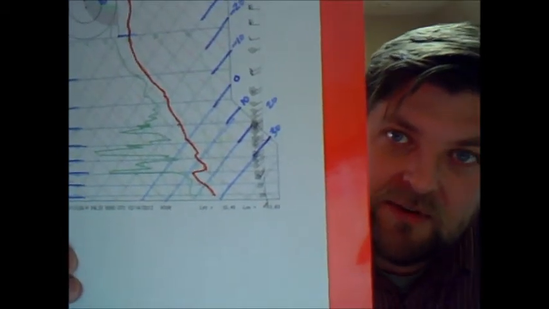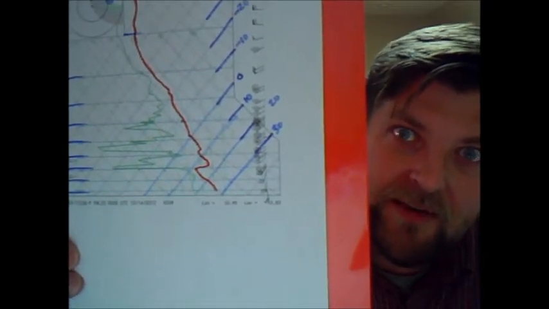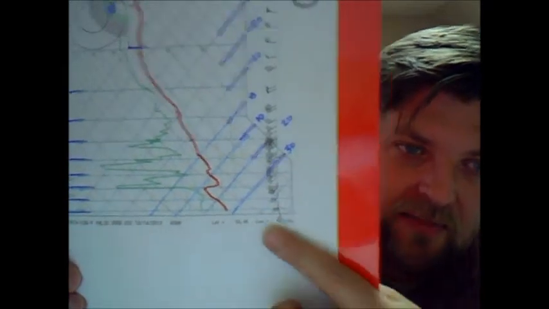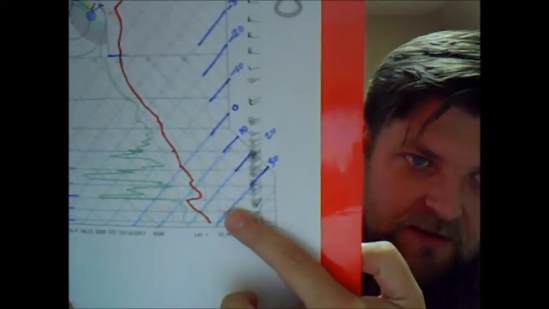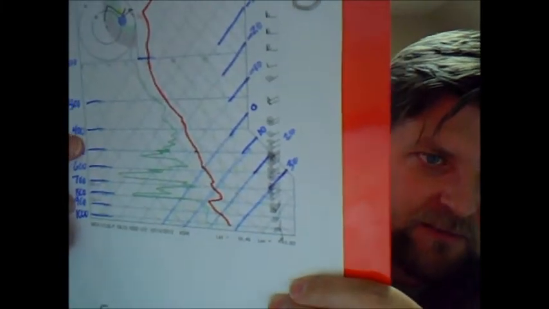And then you would convert to Fahrenheit and get an answer around, I don't know, 75, 80. And that would be the temperature at 1,000 millibars. Now, if the question asks, what is the temperature at 500 millibars?